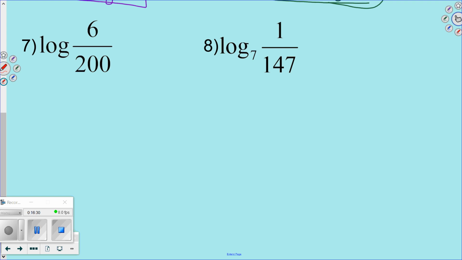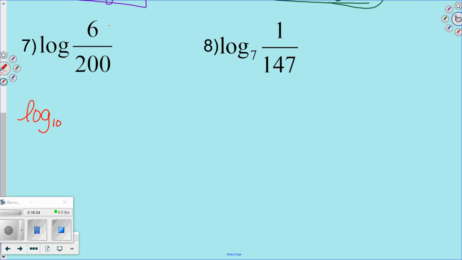All right, number 7. How many times will you write the word log? 2, because you have a 6 and you have the 200. So it's going to be log. What's the base? That is log base 10. Now, before I even get started with anything, what's wrong with 6 over 200? Oh, it's not simplified. Yes.